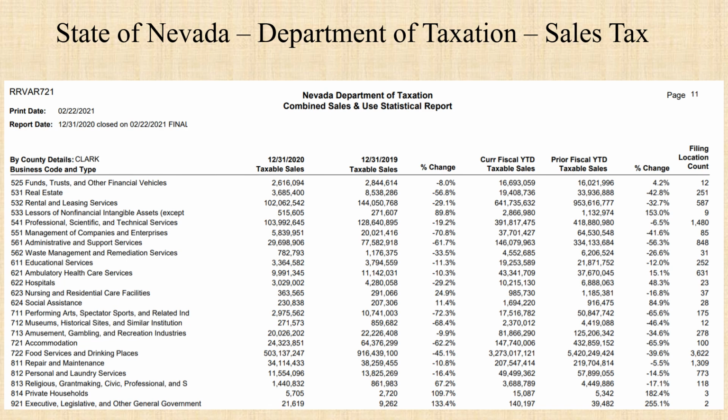But on the other hand, some things are up. For instance, educational services are down by 12%, but ambulatory health and care services are up by 15%, and so are hospitals. And so hospitals are doing well during the pandemic.